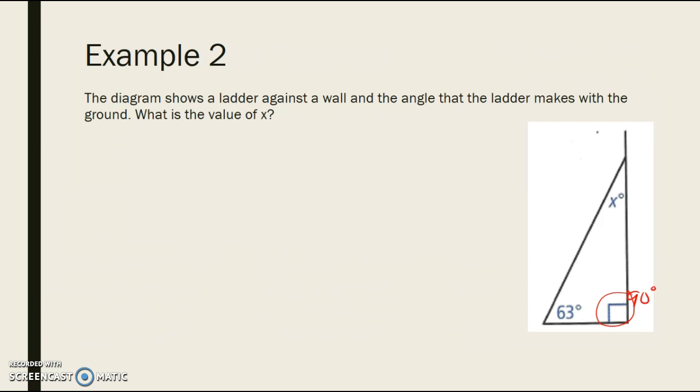And what makes this nice and easy, we call this the corollary to the triangle, or the interior angle theorem, and that is because we know that 90 is half of 180.